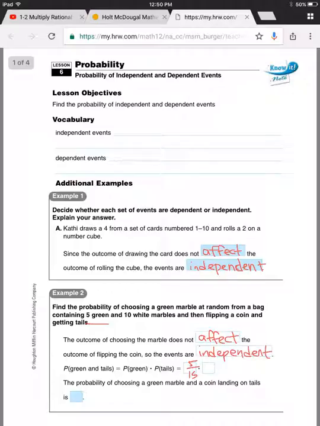So I'm going to go ahead and do that just because it makes multiplying a little bit easier. 1/3. And then flipping a coin and getting tails, there is 1 tail on the 2 sides. So we multiply those together, and the probability of choosing a green marble and a coin landing on tails is 1/6.